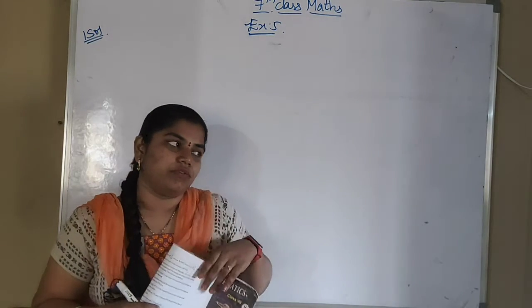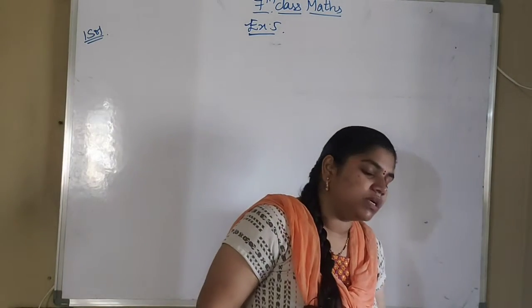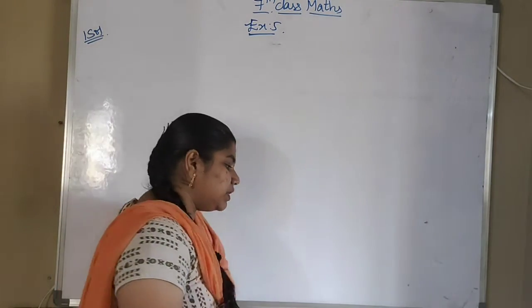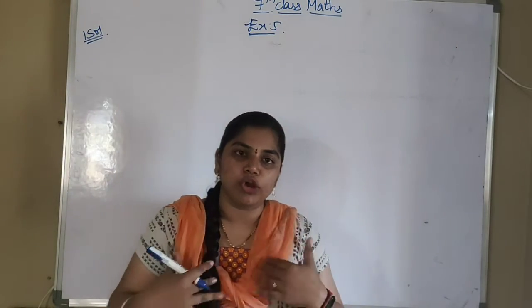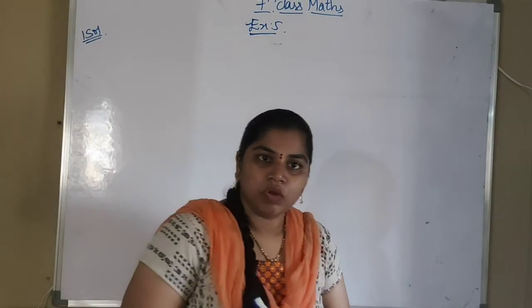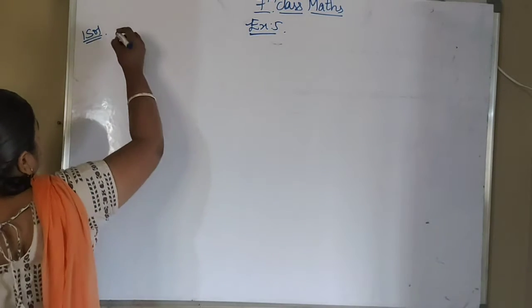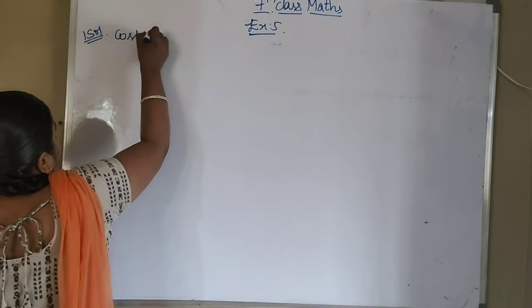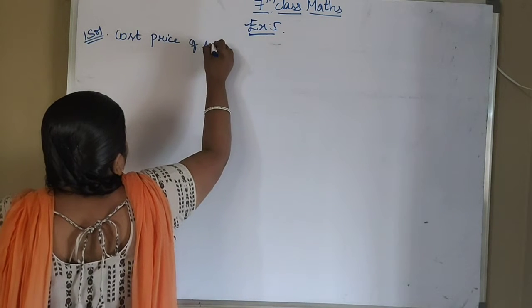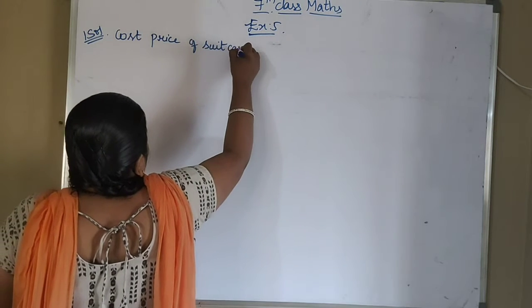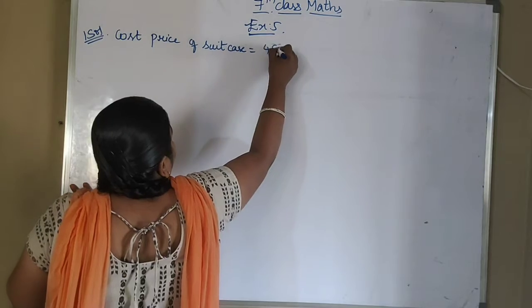So what do we have to find? We have to find the gain percentage. How to find the gain percentage here? He bought a suitcase. Bought means that will be the cost price. So what have they given as the cost price? Cost price of the suitcase is how much? 480 rupees.